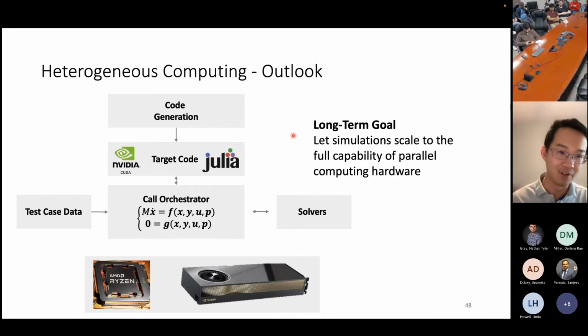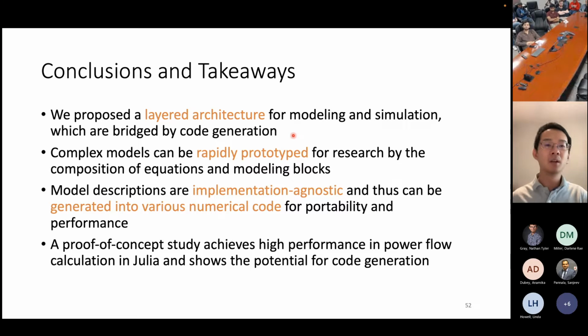We are still very far from there because this requires a deep understanding of how data should be organized for the new parallel computing devices and how our calculation workflow needs to be redesigned, and eventually how to rewrite the programs to exploit that power. This has to happen. Otherwise, the simulation speed 30 years from today will still be as fast as we have today. So the conclusions and takeaways are here.